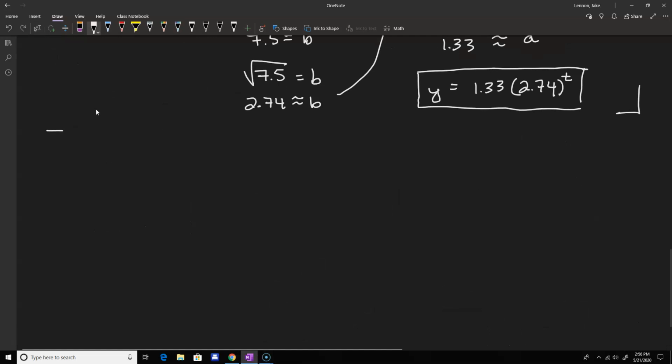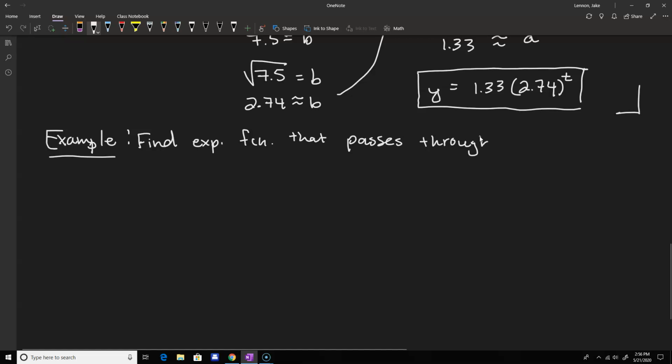So let's try one more example just to make sure that the process sticks. So same type of question, find the exponential function that passes through (2, 80) and (5, 40.96).